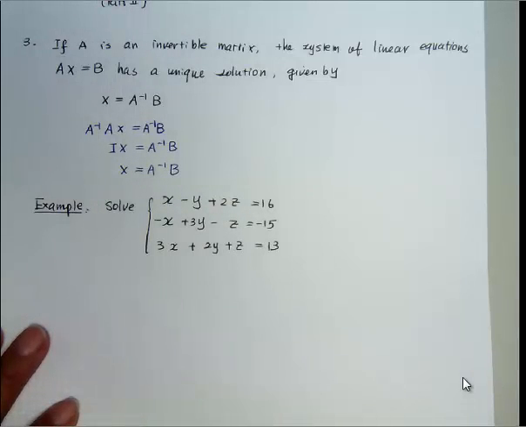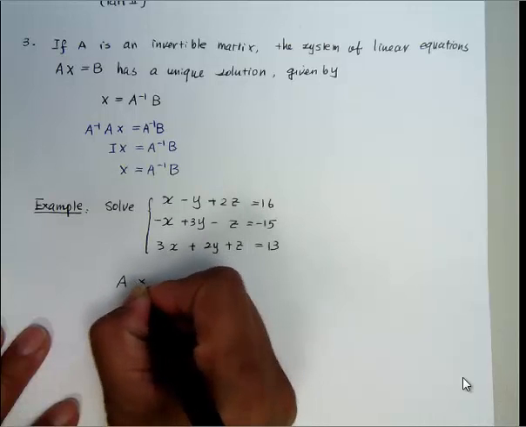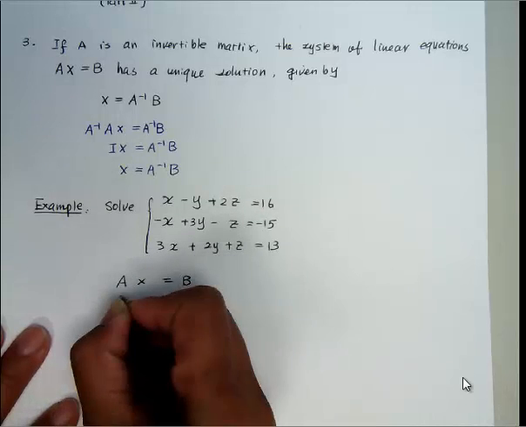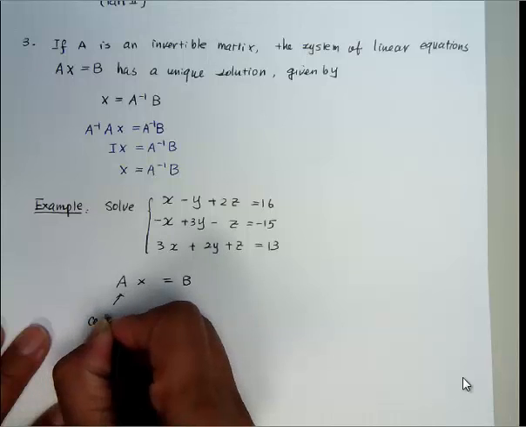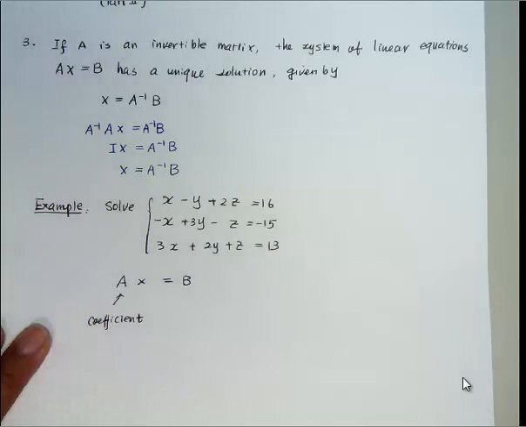First, we are going to learn how to write it as a matrix equation. AX equals B. A is the coefficient matrix, where you store every coefficient into this matrix.